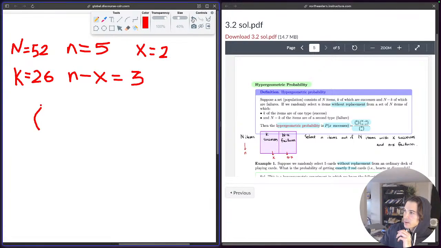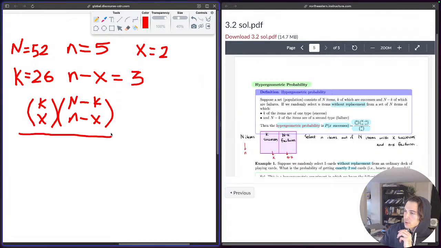k choose x times n minus k choose n minus x over big N choose little n.